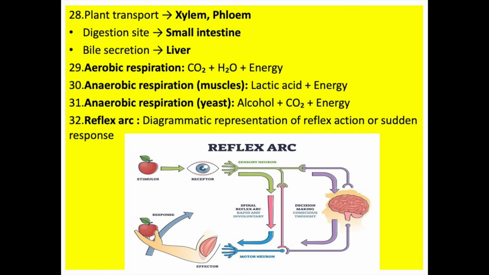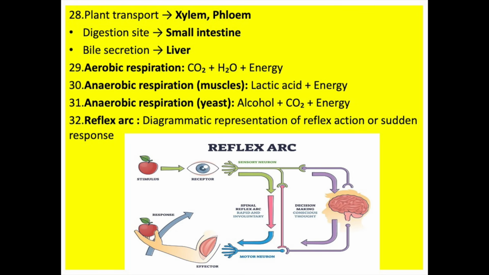As you can see in the diagram of reflex arc, a stimulus is an apple and our eye has a photoreceptor that is receiving the stimulus, and after that the muscle has to catch the apple.